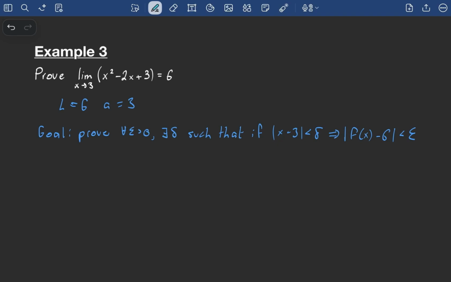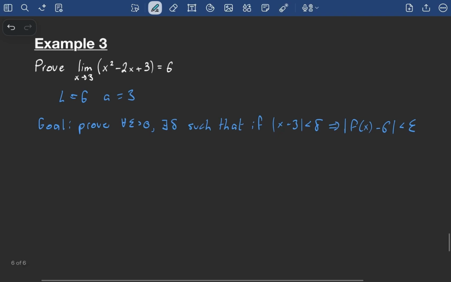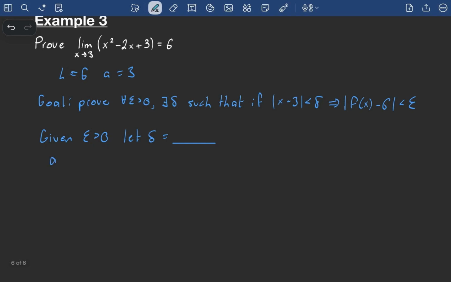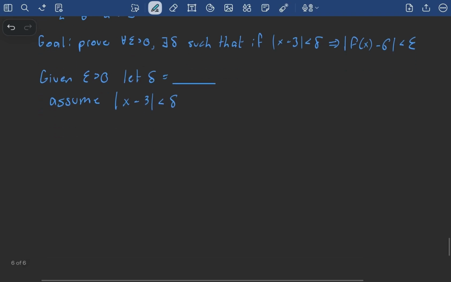That's our goal. Now, same as always, let's state our assumptions. We're given epsilon greater than 0. Let delta equal something. We'll get back to that. And we can assume the absolute value of x - 3 is less than delta, or x is close to 3.